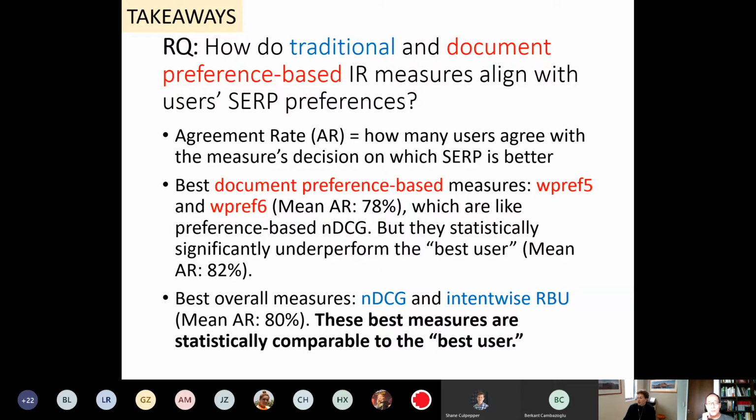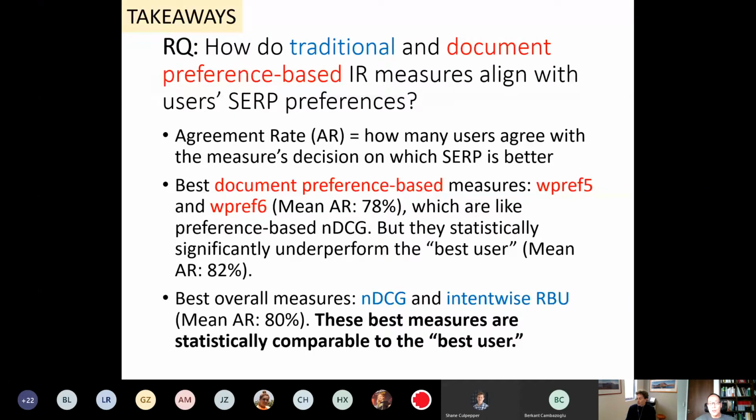And what I looked at is the agreement with human judgments when it comes to SERP preferences. So given SERP A and SERP B, the measure says SERP A is better, and then there is a bunch of people who do the same preference judgment, and I looked at whether this measure's judgment agrees with all of these people.